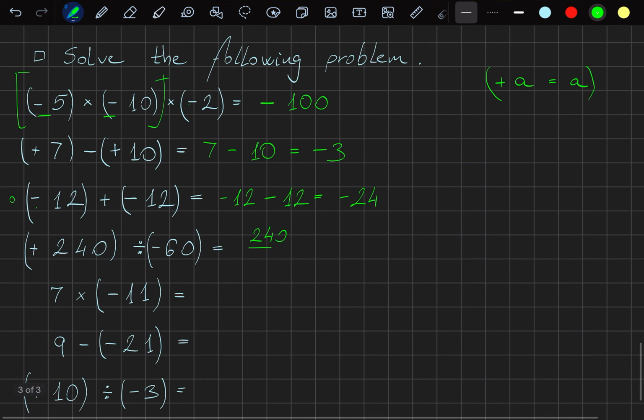Divided by minus 60, it will be minus, and I can simplify the fraction, so 24 divided by 6, it will be minus 4. You can put the bracket here, but it's not necessary. Normally I will not write it, sometimes I will, it depends, never mind.